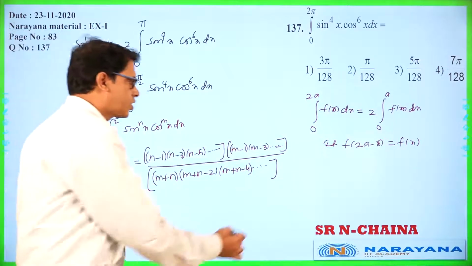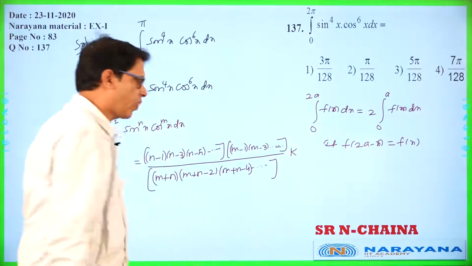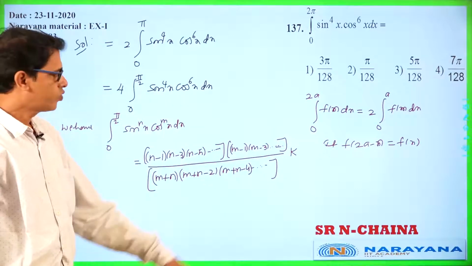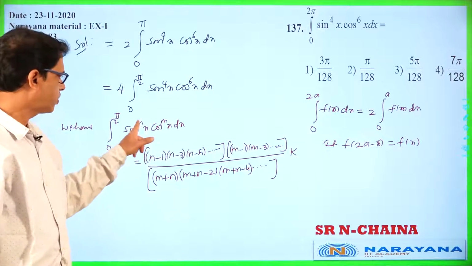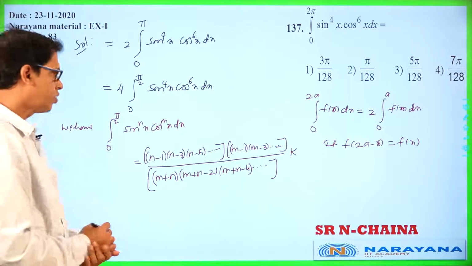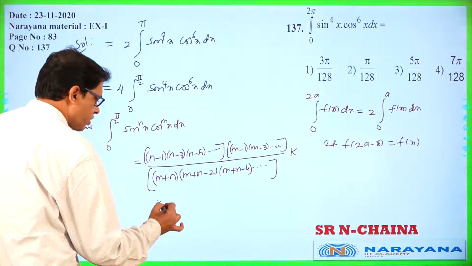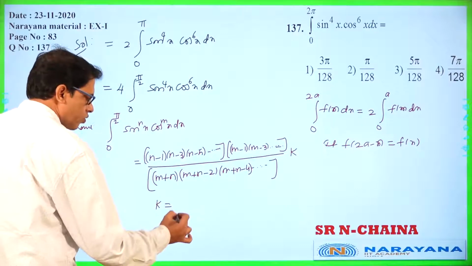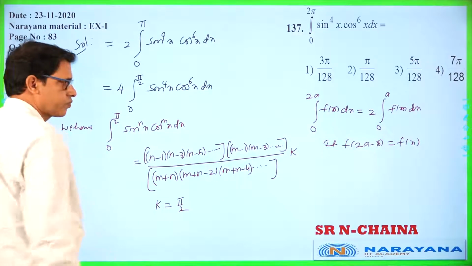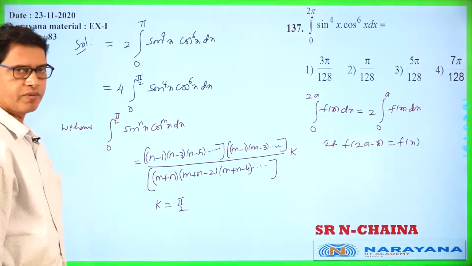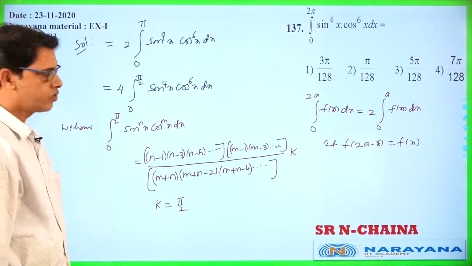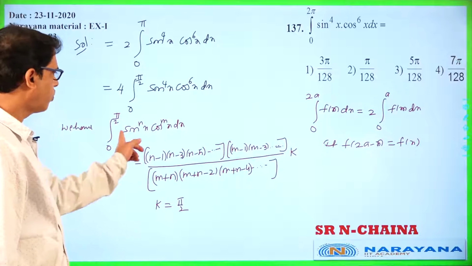Now the last one, say this is some k. So the k value depends on these two. K equals pi by 2 if both are even.